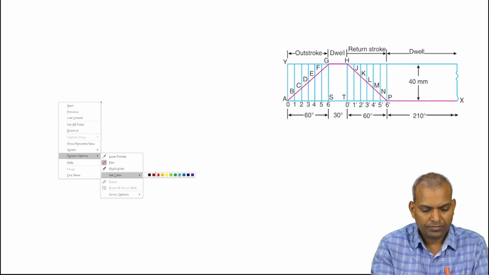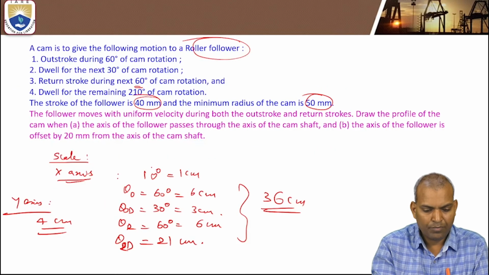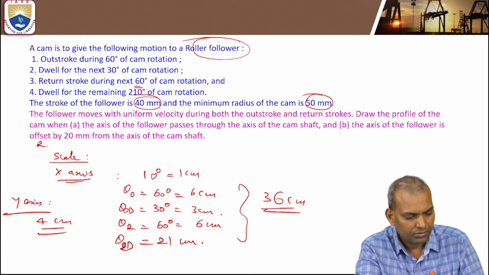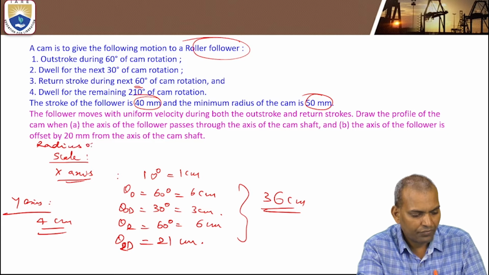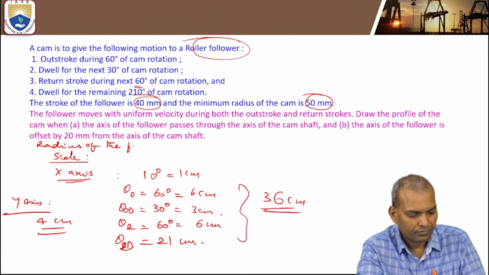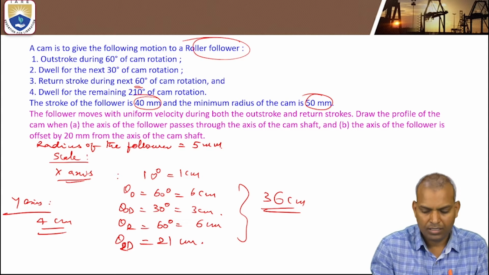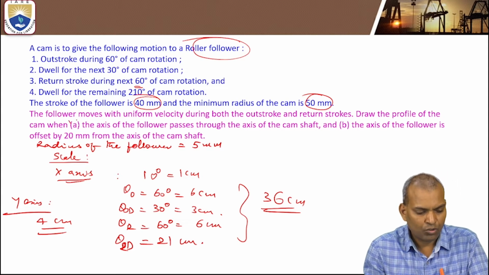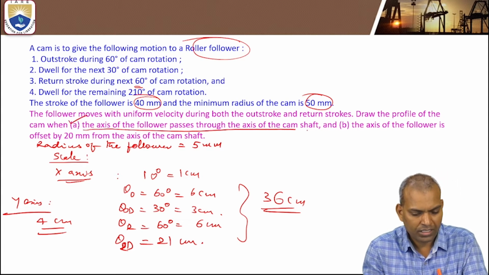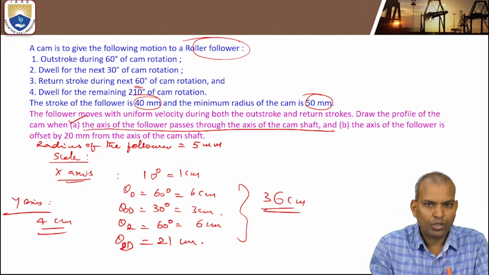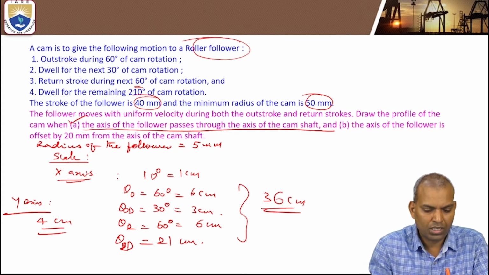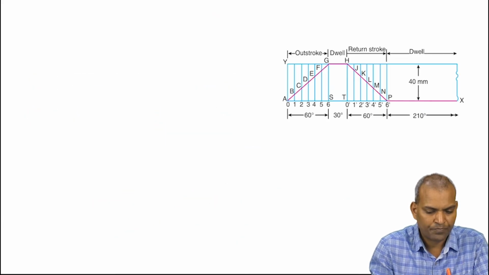So consider the radius of the follower equal to 5 millimeters. Now we are considering only one case, that is case A. We are considering the axis of the follower passes through the axis of the camshaft. That is the case we are going to solve.